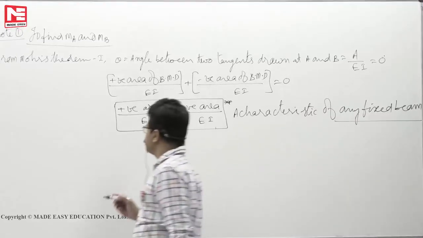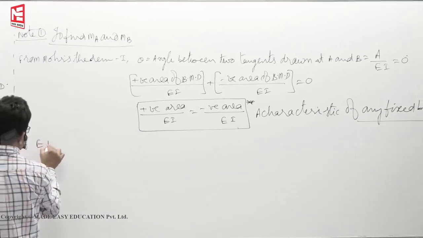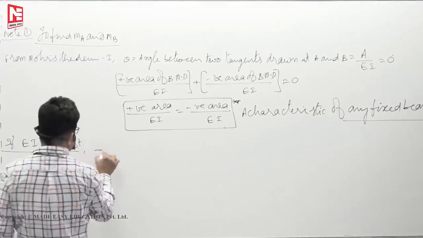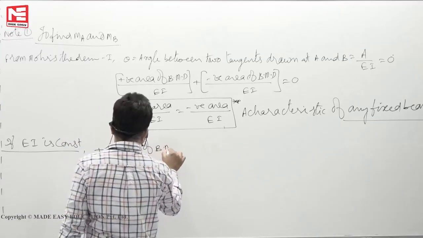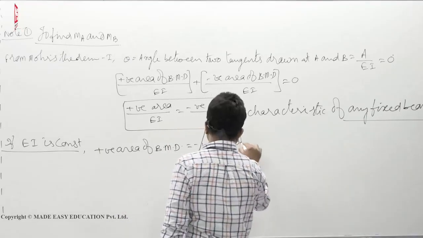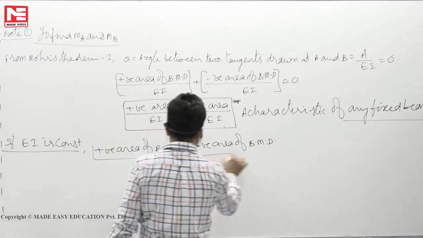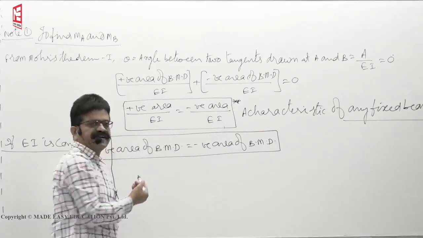Now, if EI is constant, positive area of BMD must be equal to negative area of BMD. Areas themselves will be equal because EI is constant, so you can strike it off.